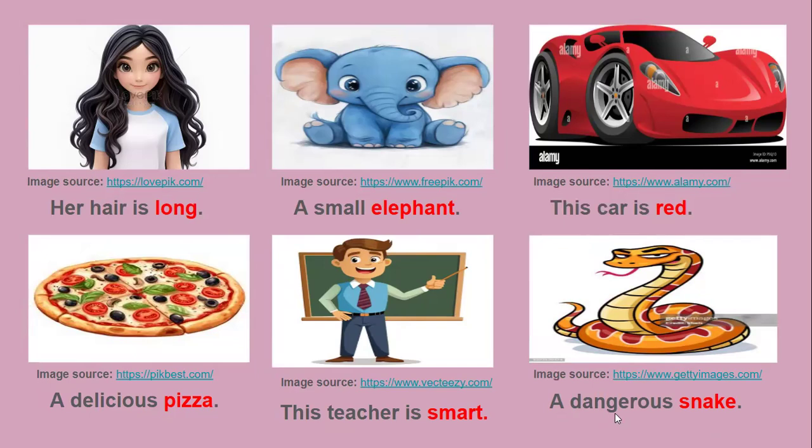A dangerous snake. Dangerous is an adjective. It tells us that this snake is not safe, is deadly, okay, is bad. So dangerous is an adjective.